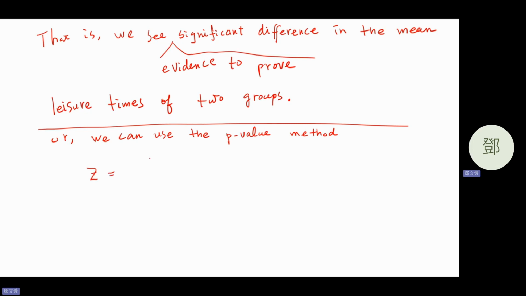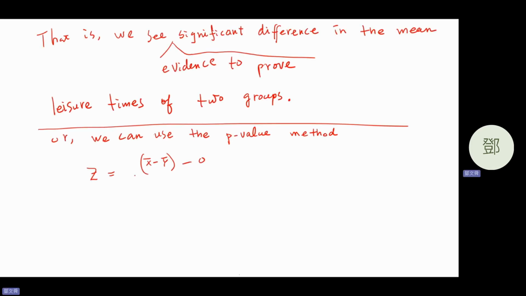Z equals, minus 0, divided by the square root of 35 plus 35, which is equal to 2.90.